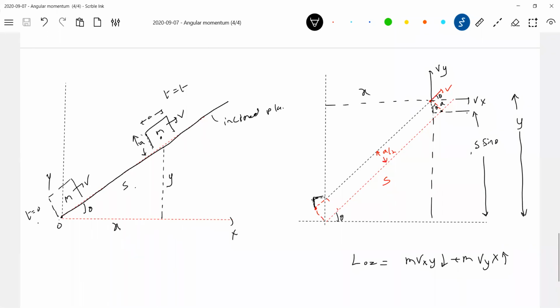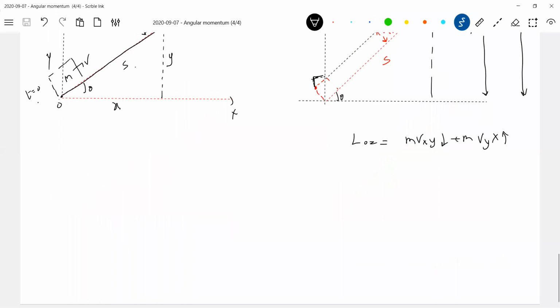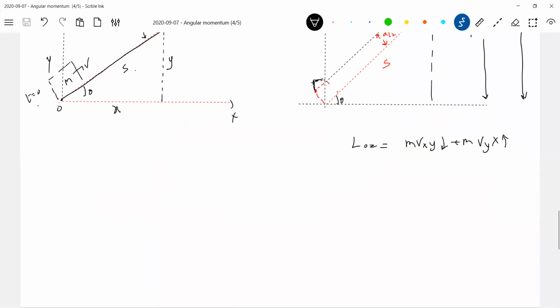This was about the particle moving. So let's go for angular momentum of a rotating rigid body. L of a rigid body rotating about a fixed axis.